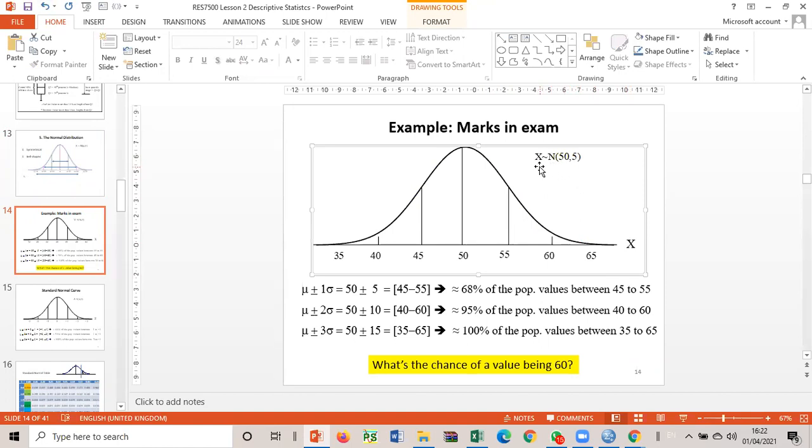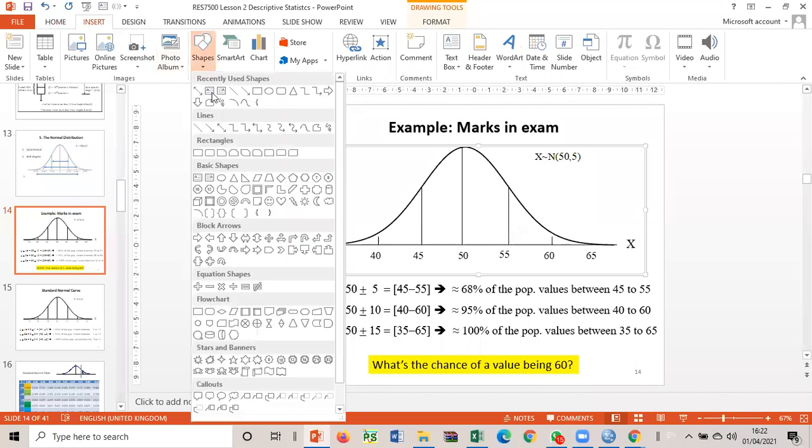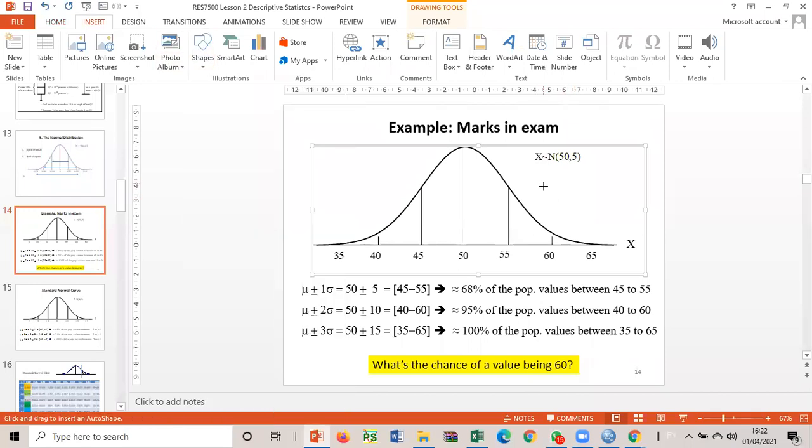The marks are distributed normally with a mean of 50 and a standard deviation of 5. Just one expression contains so much information, right?